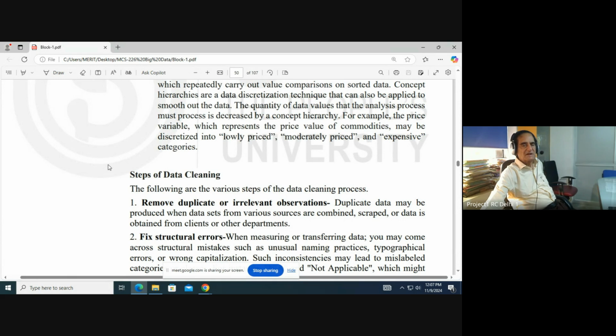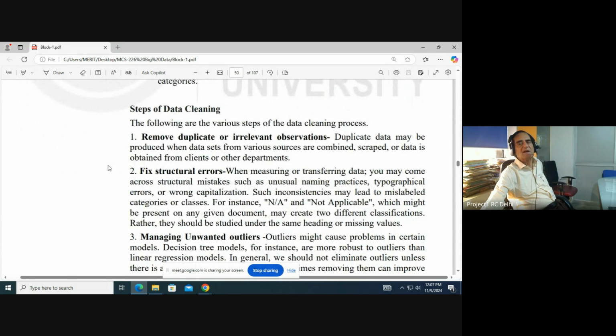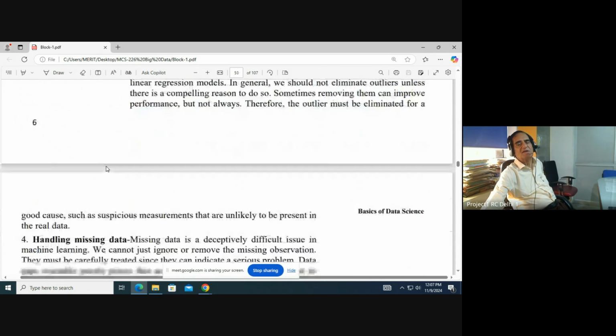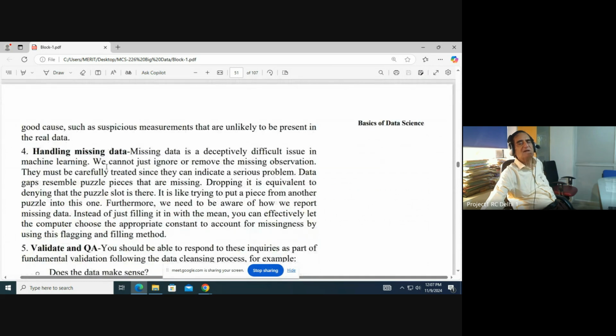So steps for data cleaning: remove duplicate or irrelevant observations, fix structural errors, manage unwanted outliers. Handling missing data. Missing data is a deceptively difficult issue in machine learning. We cannot just ignore or remove the missing observation. If some day an observation was not taken properly, then this must be carefully treated since they can indicate a serious problem.